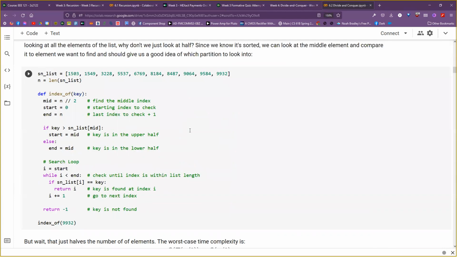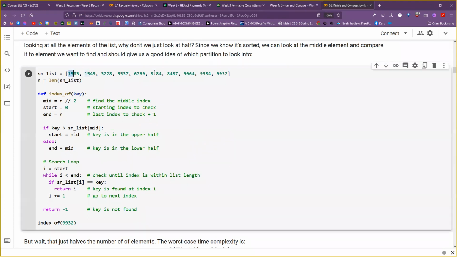So for binary search, pwede nating hatiin yung ating list. Since alam natin na sorted yung ating list, pwede natin tignan yung middle element. And if yung middle element natin is mas maliit doon sa hinahanap natin, ang kailangan na lang natin i-search is itong part na to.